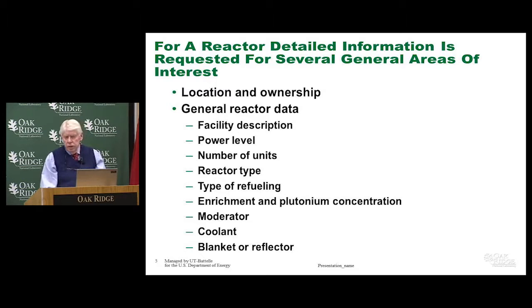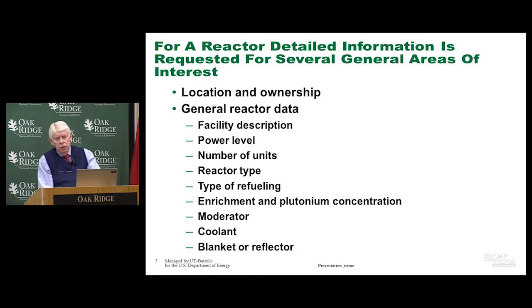The other area is the type of refueling operations that go on in this reactor, including the refueling frequencies, the number of fuel materials that are moved during the refueling operation, and any access issues related to personnel during the refueling process. Other general information might include the enrichment of the uranium being used for research reactors. This can range from natural uranium all the way up to 93% enriched uranium-235.